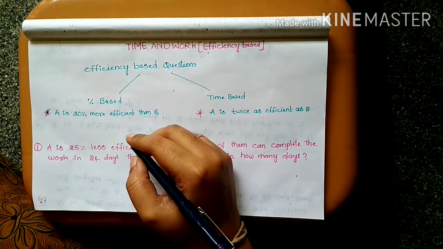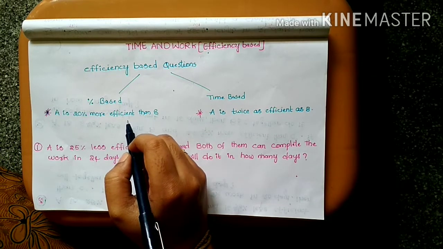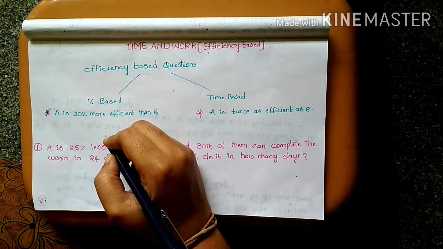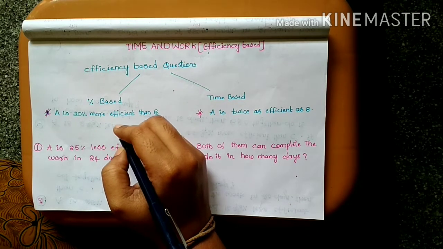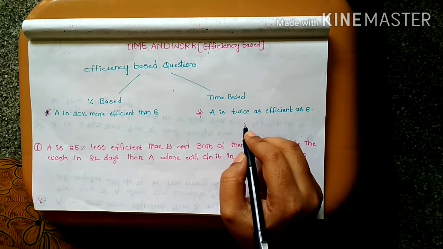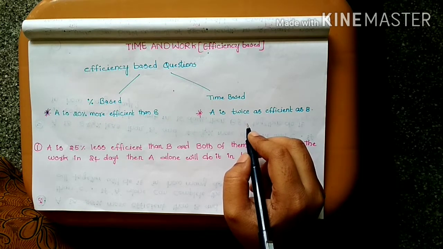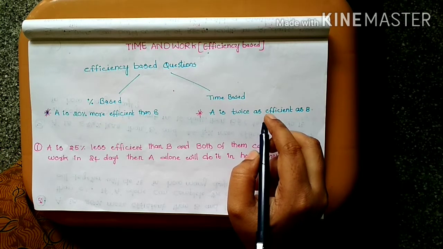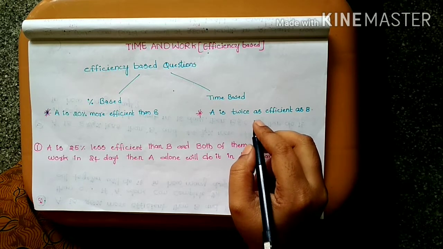In percentage based: A is 20% more efficient than B, A is 30% more efficient than B, A is 50% less efficient than B. These types of problems will be asked in questions. Second one, time based: A is twice as efficient as B, A is thrice as efficient as B, A is 4 times as efficient as B. These types of questions will be asked in exams.